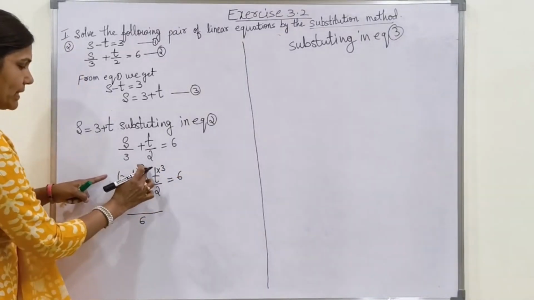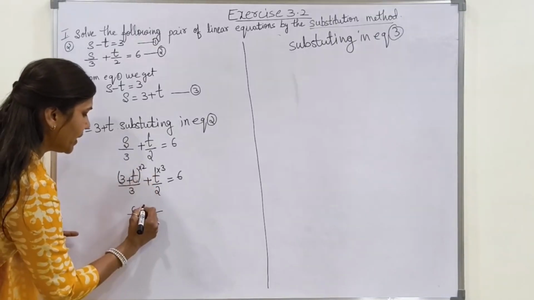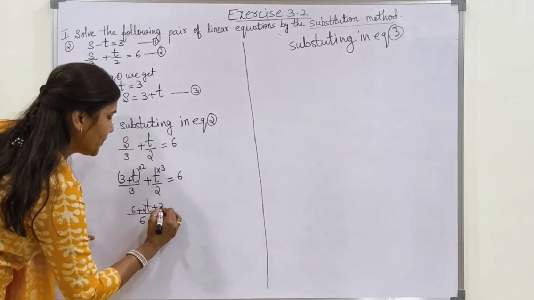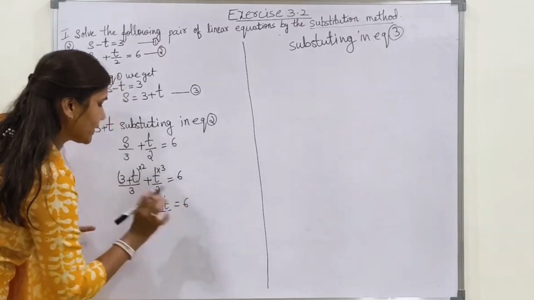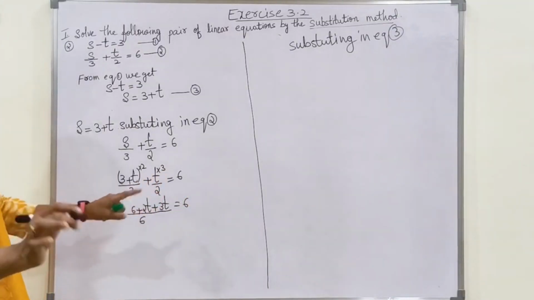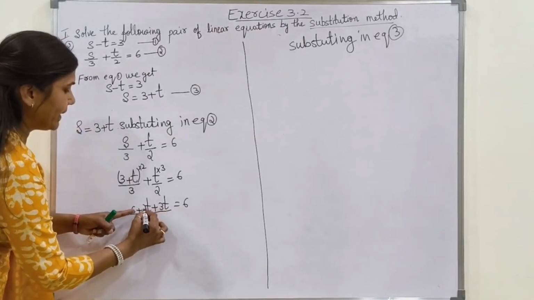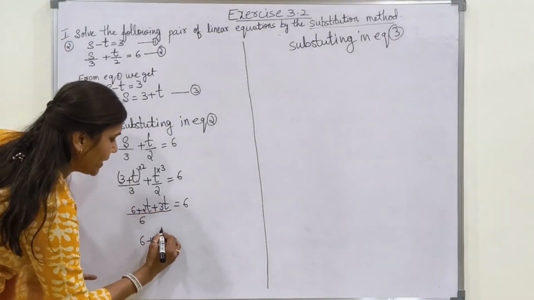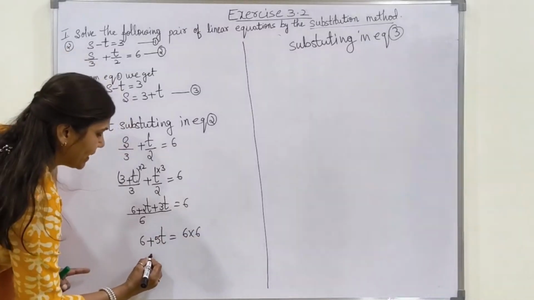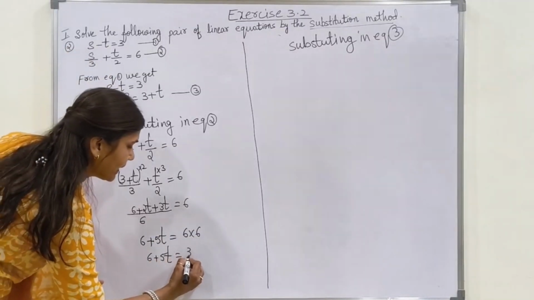So 2 times (3 plus t), 6 plus 2t, plus 3t is equal to 6 into 6. Adding 3t and 2t, it is 5t, so 6 plus 5t is equal to 36.